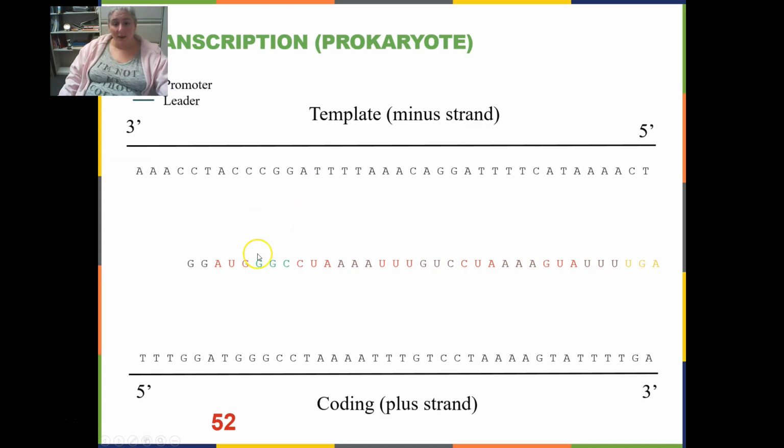Let me just add those. Okay. So here we have the promoter region over here, and then you have this little region that's being produced, but it's not actually coding for anything, and then you have the actual functional amino acids or messenger RNA being produced.